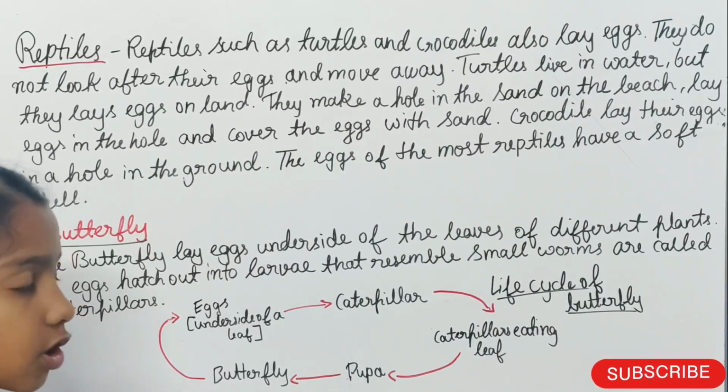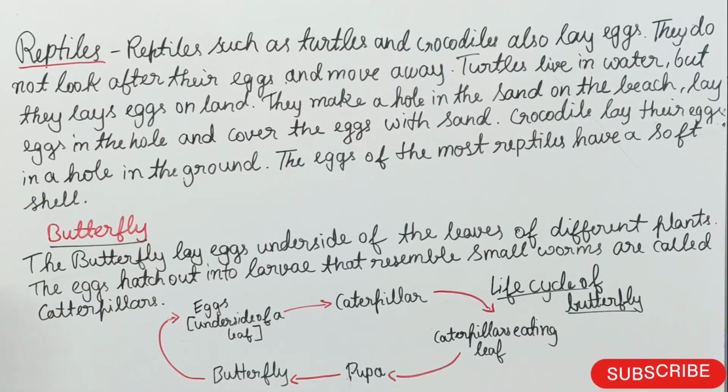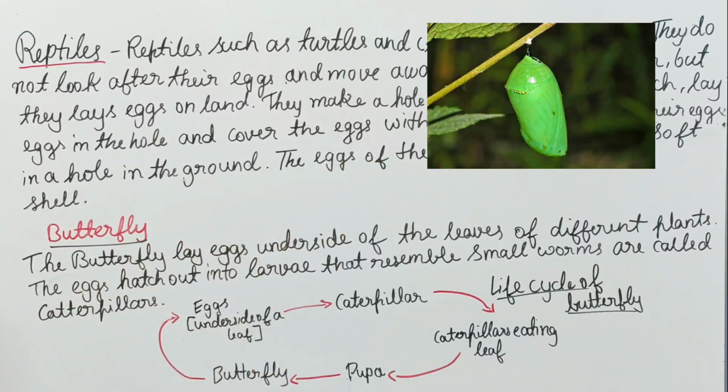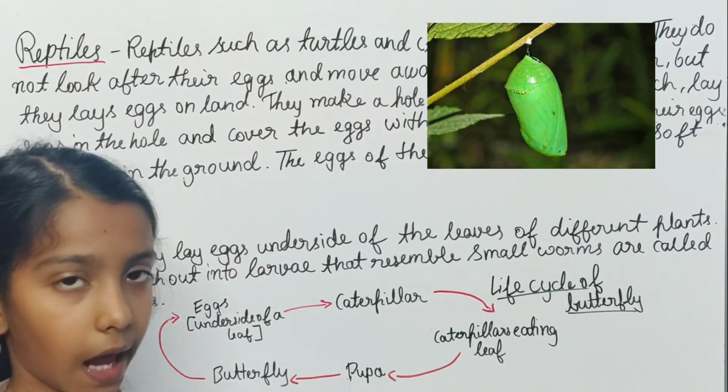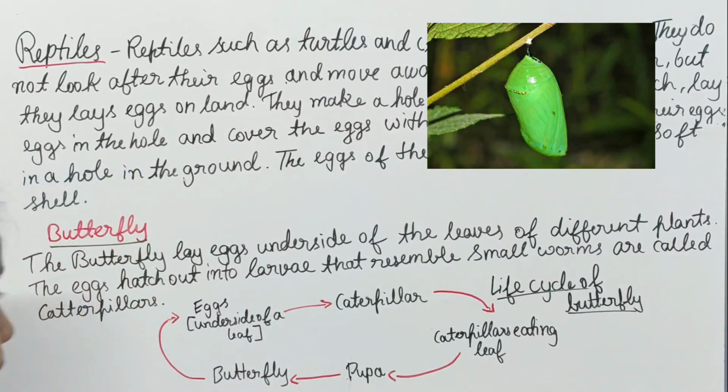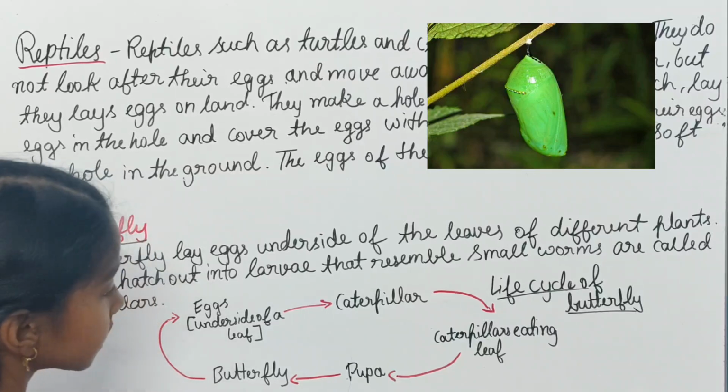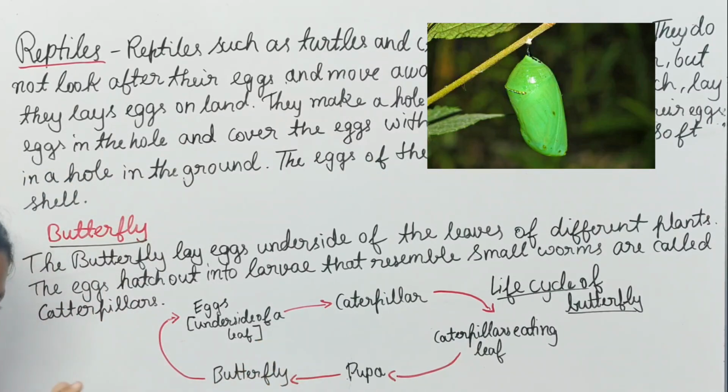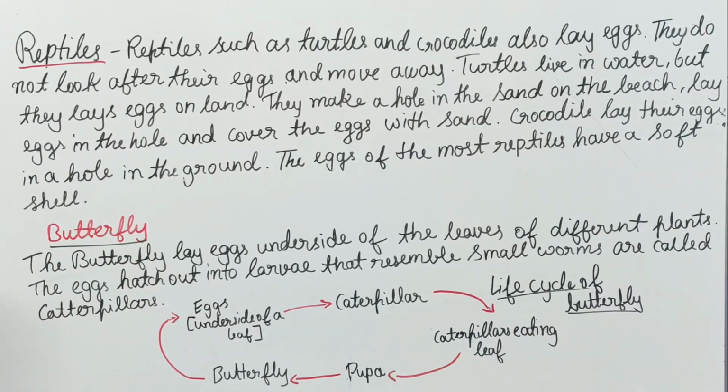You can see the image of a pupa. How does it look here? That's a pupa. Okay, and then inside the pupa, the butterfly comes.